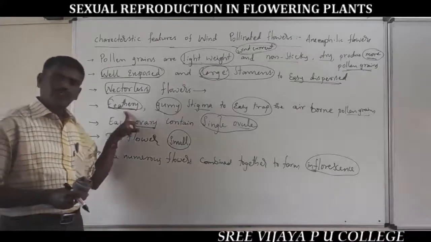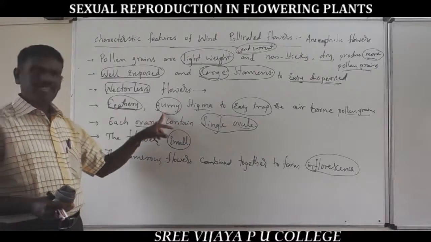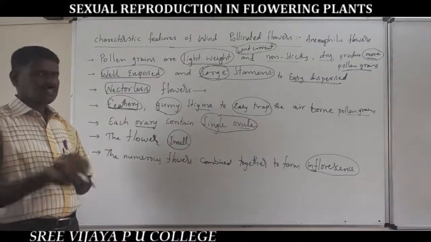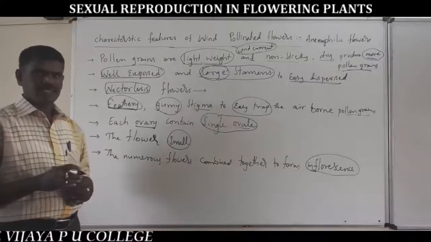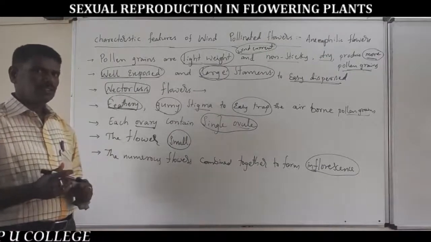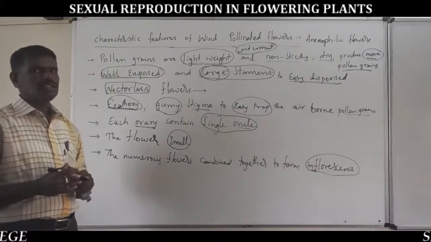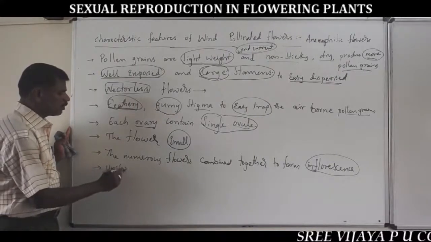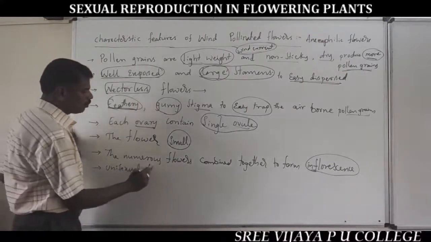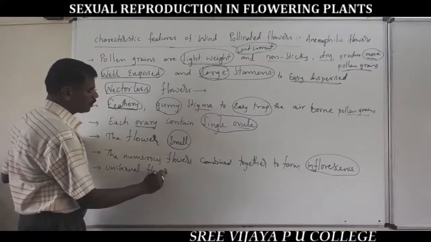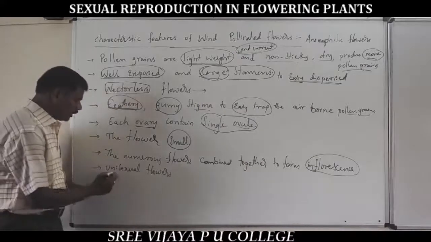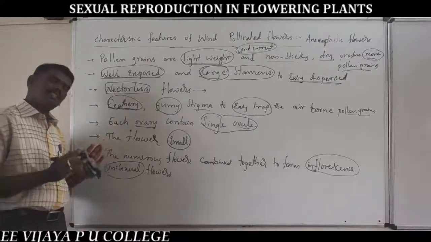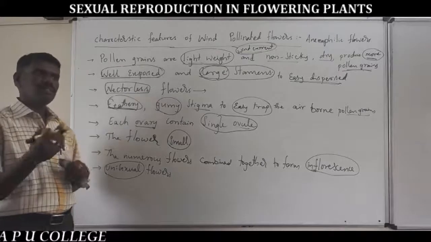There is a feathery or gummy stigma present, as you see in the maize plant. Most of the flowers are unisexual flowers, which are present at different locations of the same plant.